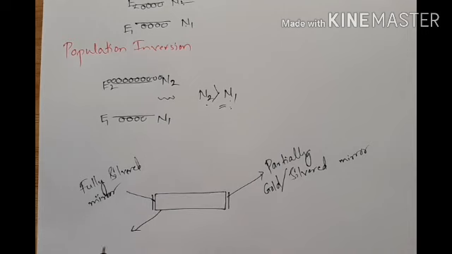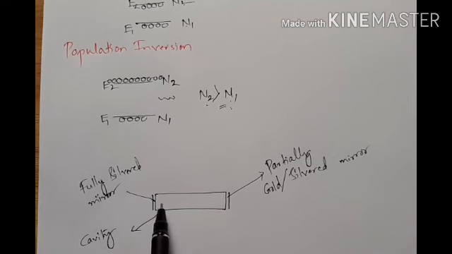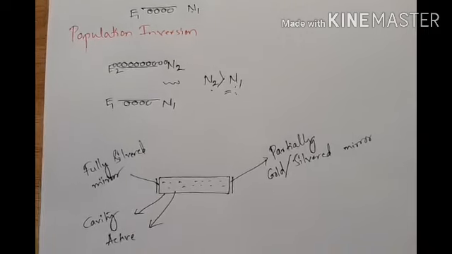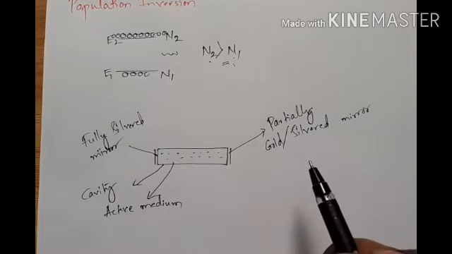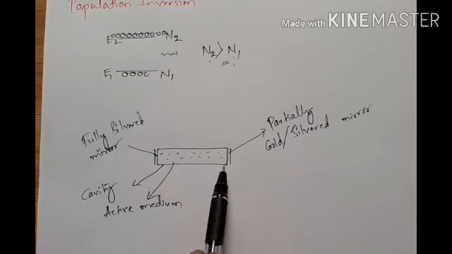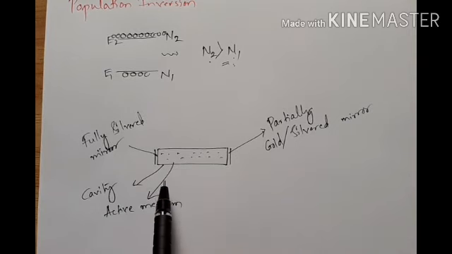This particular structure is called the cavity, and it is filled with the active medium. So we have this outer structure as a cavity, and we have fitted it with two mirrors.